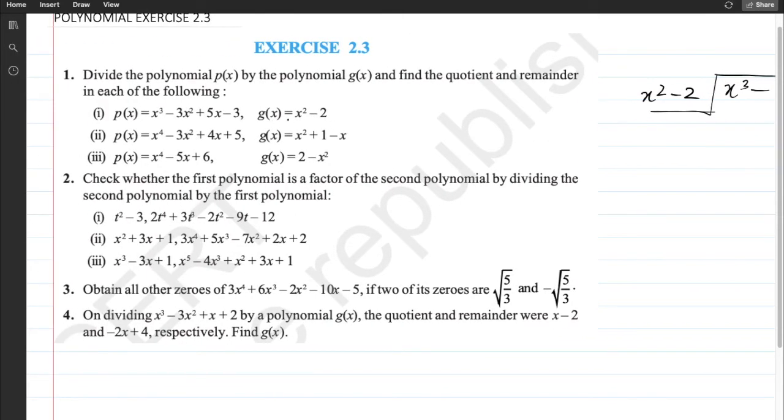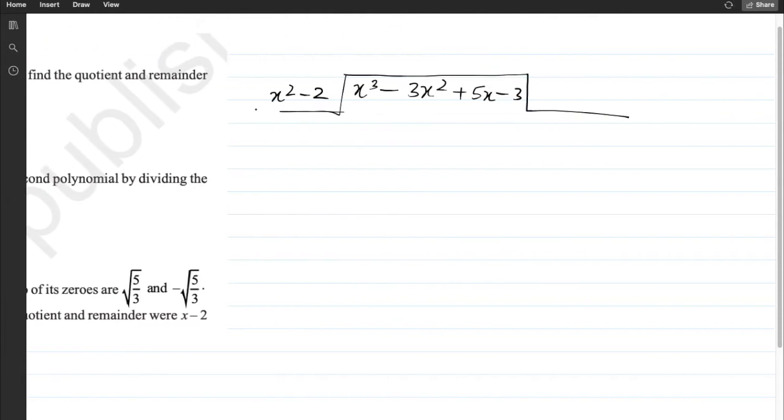That is the g(x) part. The smaller part is kept outside and the bigger part is kept inside, and then the smaller part is divided into this thing. Alright, so let's concentrate on this part.